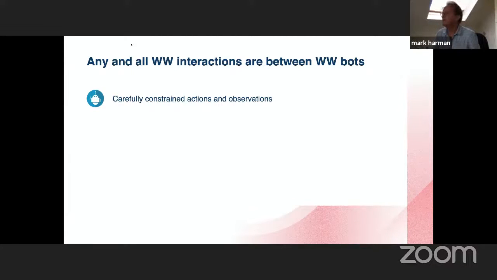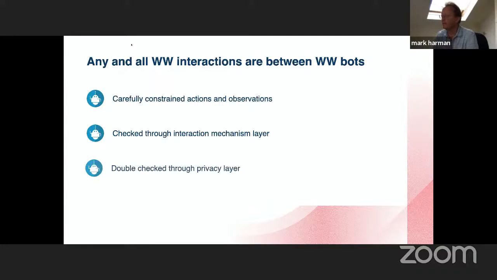The bots are first of all carefully constrained in the actions and observations they can perform. By construction, they can only communicate with each other. The interactions they make go through a mechanism layer, which we'll talk about in some detail later on in the talk, and this adds an extra layer of checking. Finally, the existing privacy mechanisms are also designed to insulate the bots, should any of these other layers fail.